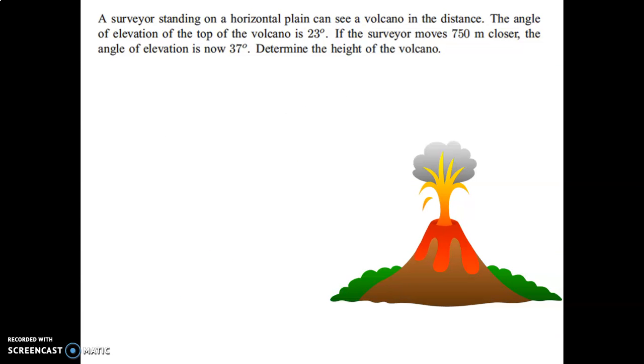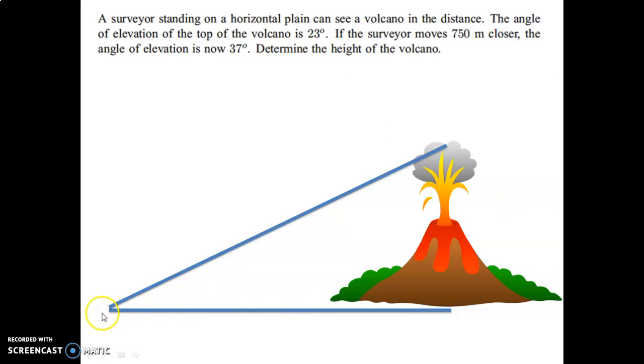So here's our first problem, and we're coming back to the volcano now. Take a look at that, read that, and see if you can set this one up. Okay, so here I'm drawing a horizontal, then someone standing and looking at the top of the volcano. The angle of elevation from that person to the top is 23 degrees.